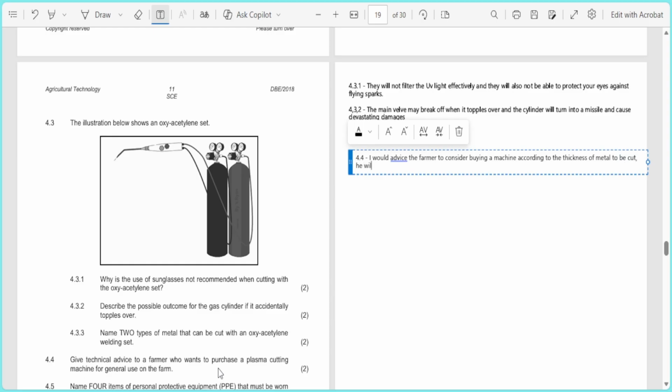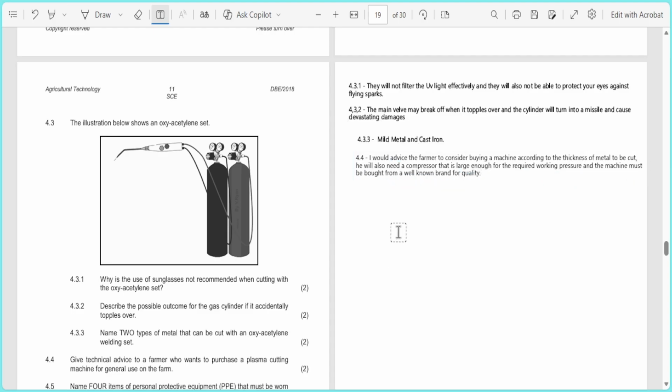He will also need a compressor that is large enough for the required working pressure. I think this is good advice. I'm going to stop it here.